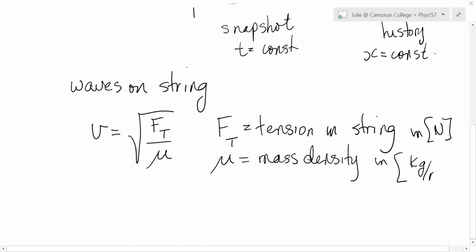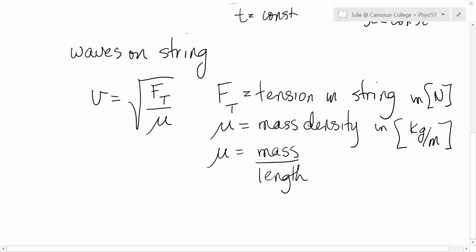And this is going to be in kilograms per meter. Now beware, often they're going to give you grams per meter. You have to convert. So the definition of the mass density is the mass of the string divided by the length of the string. And just make sure that mass is in kilograms before you use this equation, or it's not going to work out. Okay, and so this is speed in meters per second.